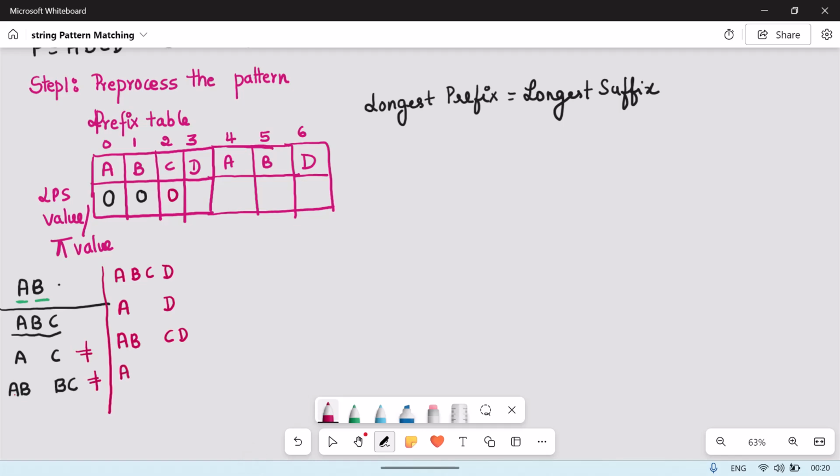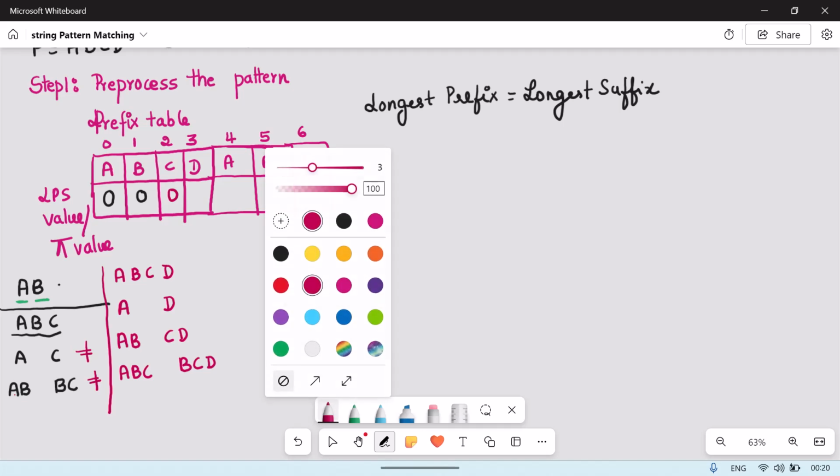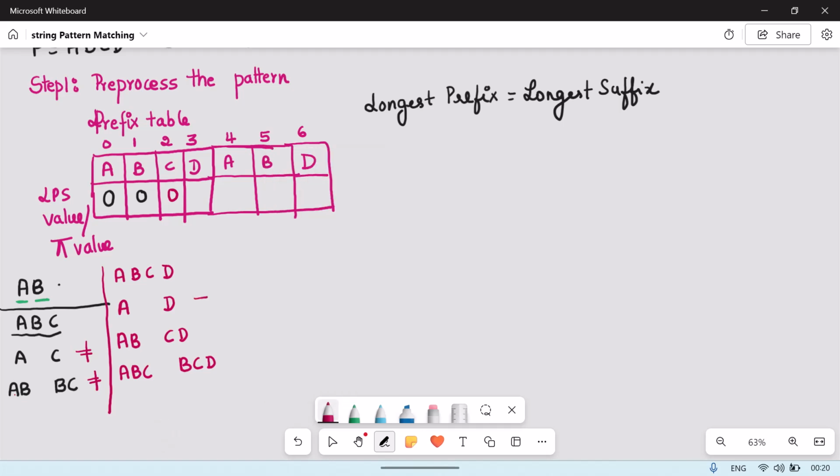So A, B, C, and B, C, D. Is there any more possibility? No. This is where we stop. Now check for equality. Is A equal to D? No. Is AB equal to CD? No. Is ABC equal to BCD? No. So this also is 0.